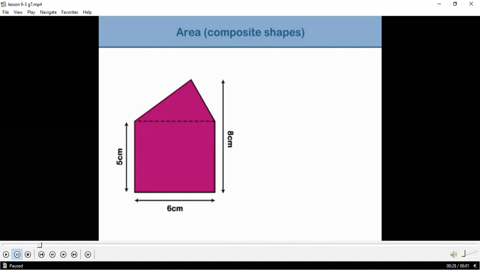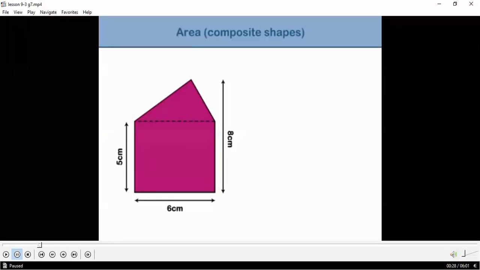Could anyone tell me why we say that this one is a composite figure? Because it has two shapes. It is combined from two different shapes, right?